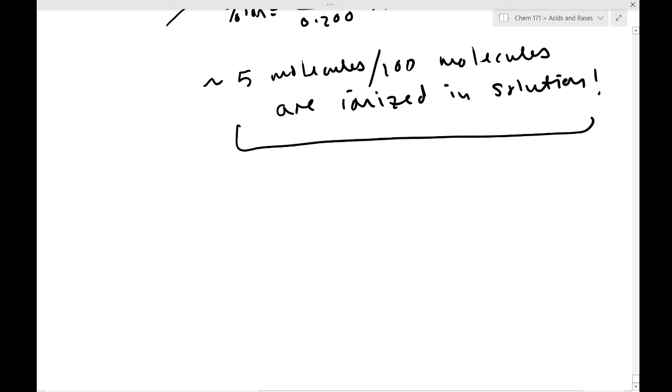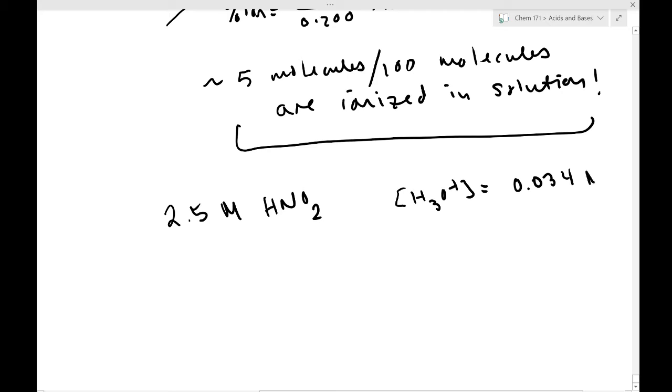Let's look at a more concentrated solution. So let's do 2.5 molar HNO2, same acid. The H3O+ concentration is equal to 0.034 molar. So let's calculate the percent ionization here. Percent ionization is 0.034 divided by 2.5 times 100, which is equal to 1.4%.